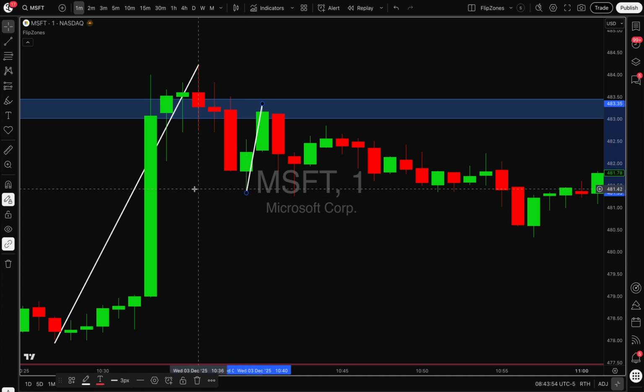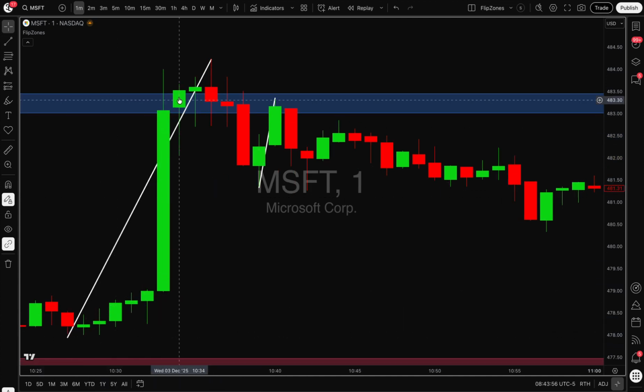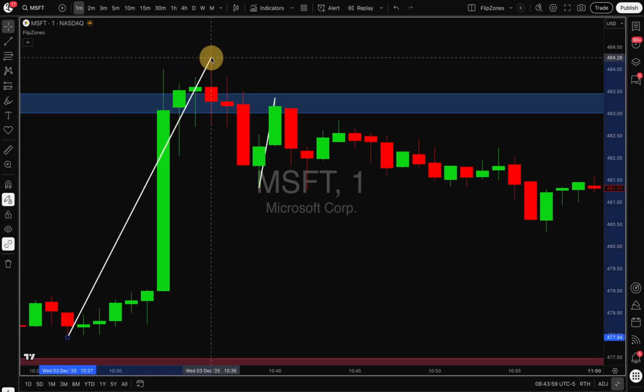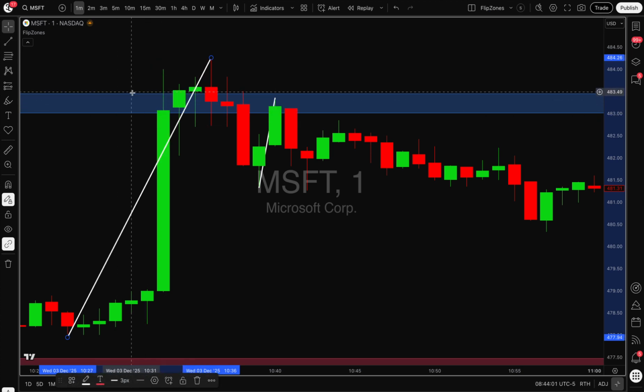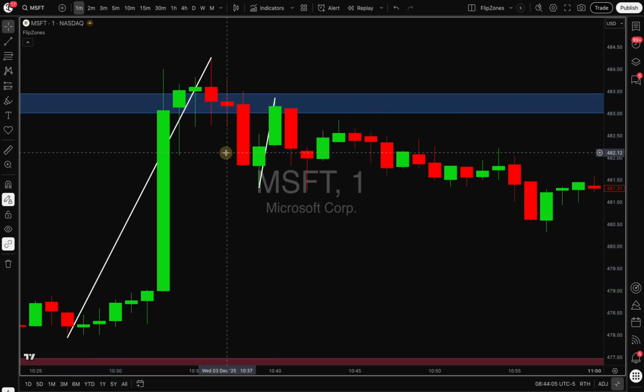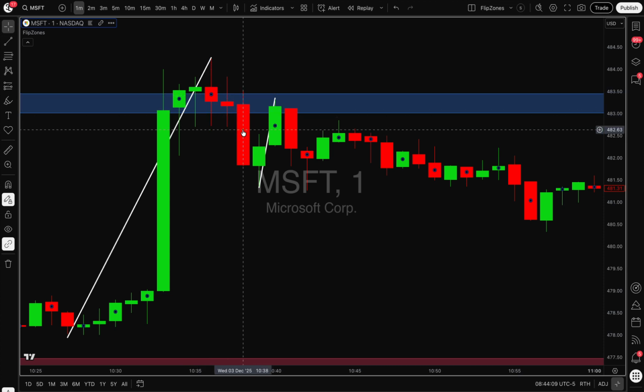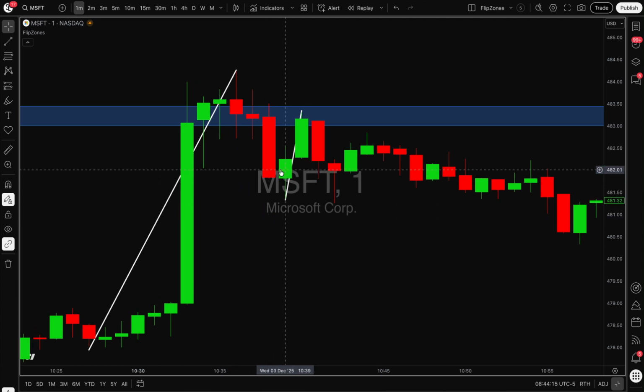So what's happening here is at first buyers had control. That's why they moved higher. They hit a wall of sellers. The sellers were present. We see it by these three candles here, one, two, three. And then we see buyers attempting to continue the movement higher by these two candles, this one and this one.